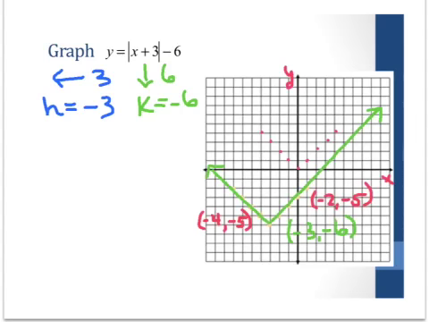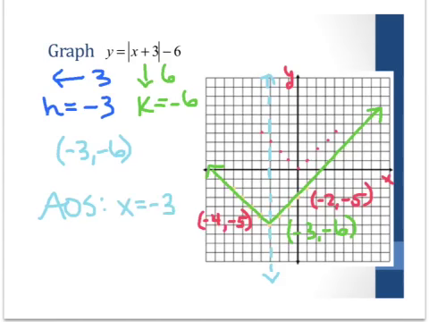So our vertex moved from 0, 0 to being h, k, so negative 3, negative 6. Since I had a horizontal transformation, I'm going to also move my axis of symmetry. So my axis of symmetry is going to be x equals h. So my AOS is going to be x equals negative 3.